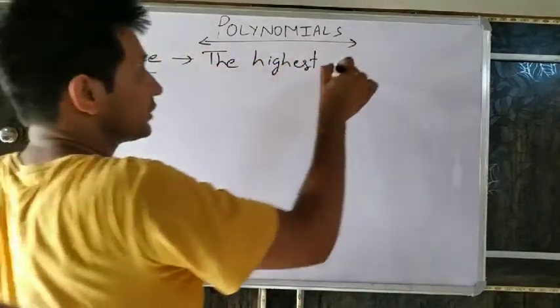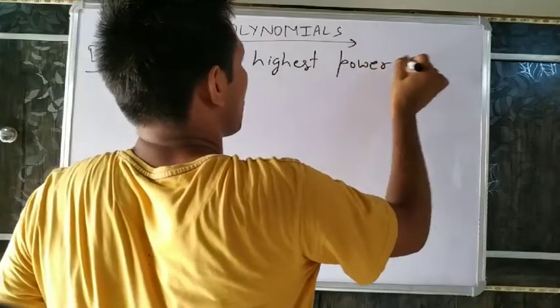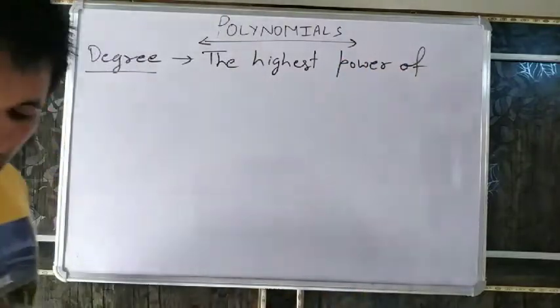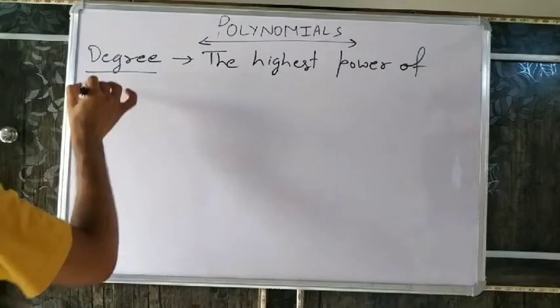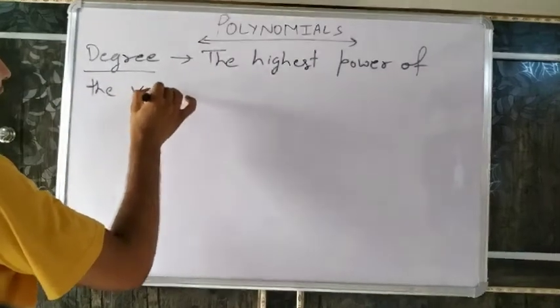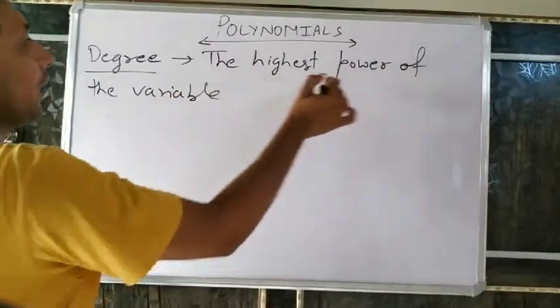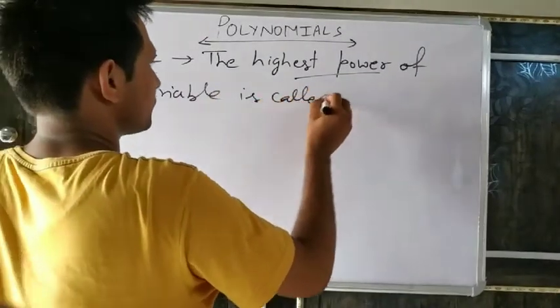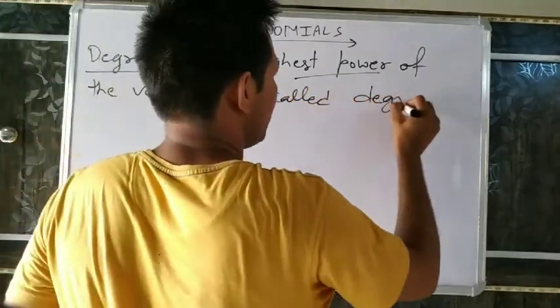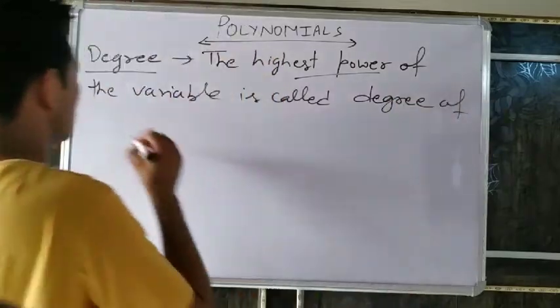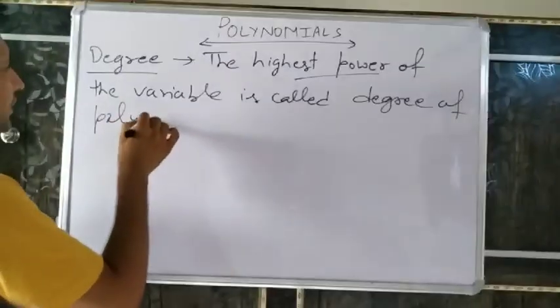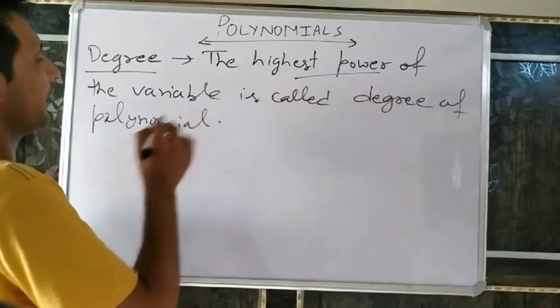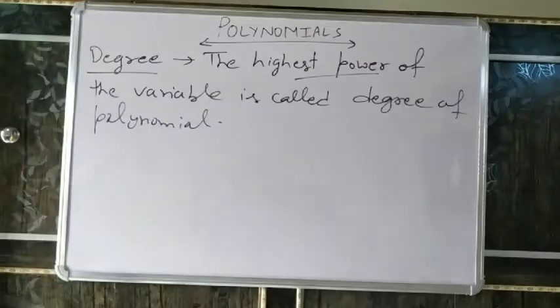What is the highest power of the variable? The highest power of the variable is called the degree of the polynomial. If you want to find the degree of any polynomial, we have to check its highest power.